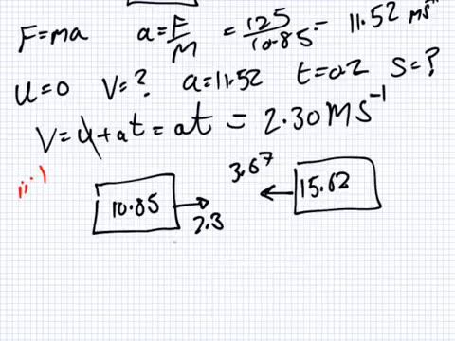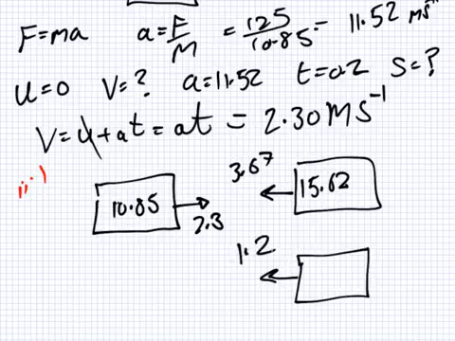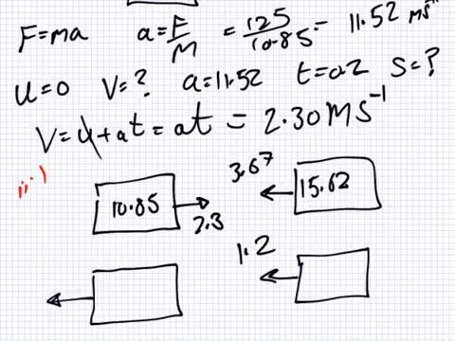After the collision, B moves in the same direction with a speed of 1.2, and A will be moving in this direction as well. So A hits into B, and A gets bounced around, and then it heads to the left. I'll call that V1, or minus V1. It doesn't matter.